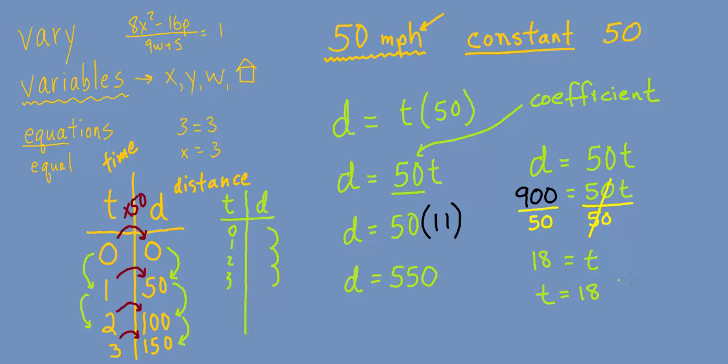So time equals 18. So once again, does it matter if I say 18 equals time or time equals 18? Nope, I can switch sides, no problem. So I would have to drive 18 hours if I want to go 900 miles. So again, you may or may not know how to solve equations, but that's not my point here.